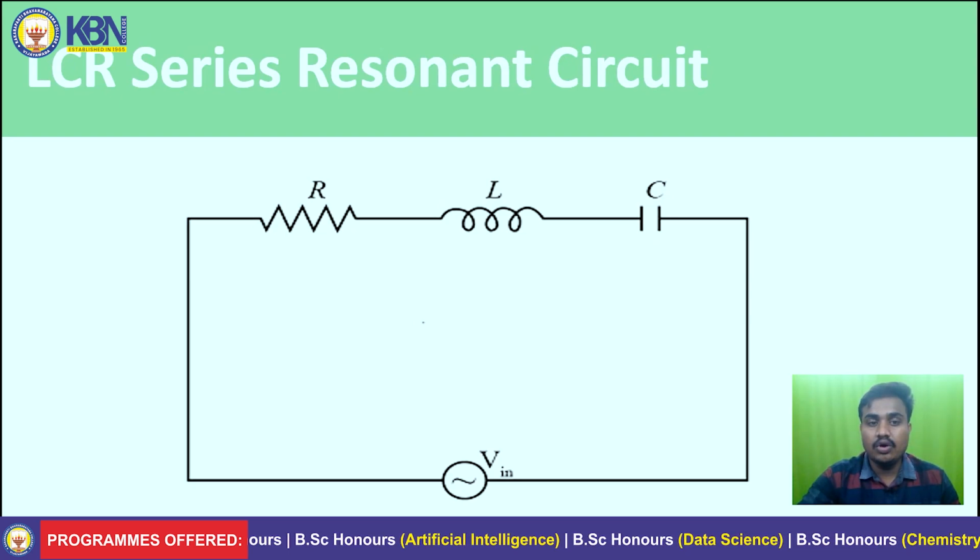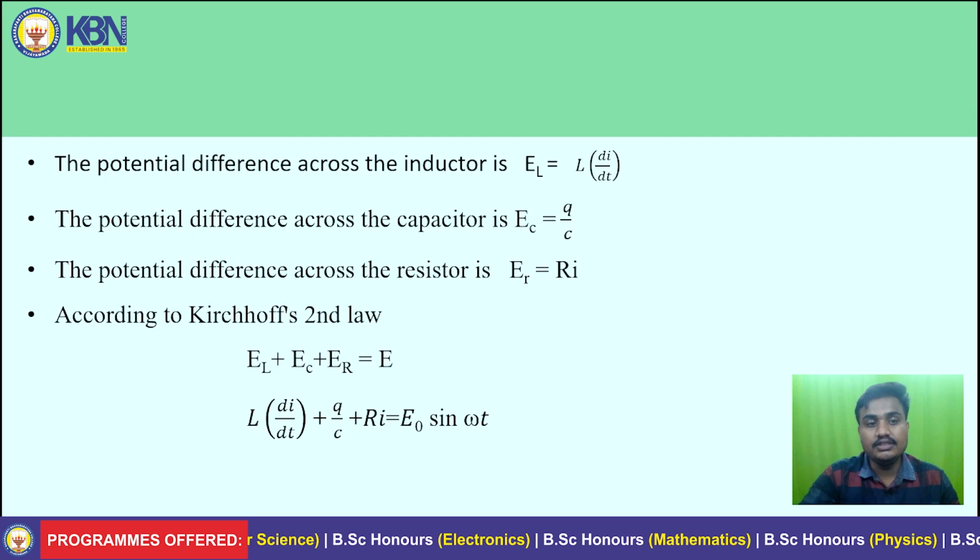This is how the circuit will look. All three, the inductor, capacitor and resistor, are connected in series. The potential difference across the inductor is given by EL.